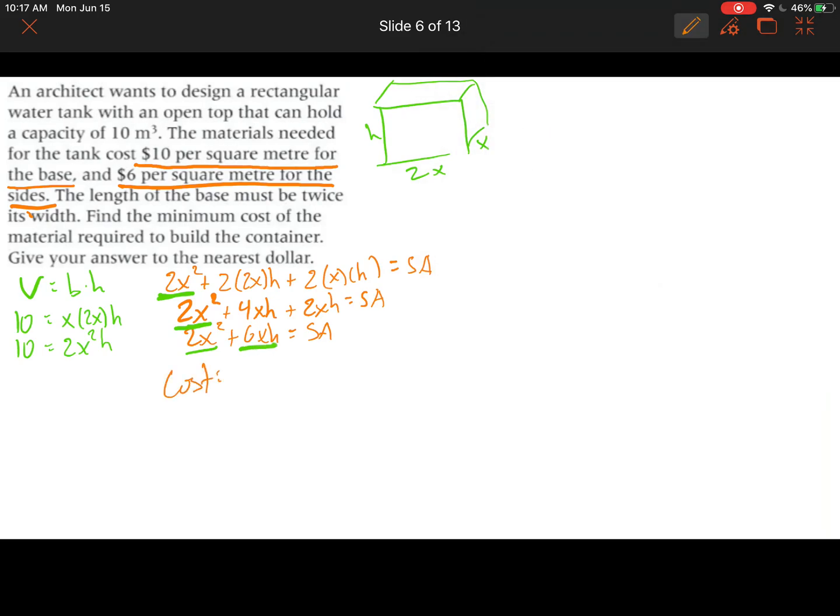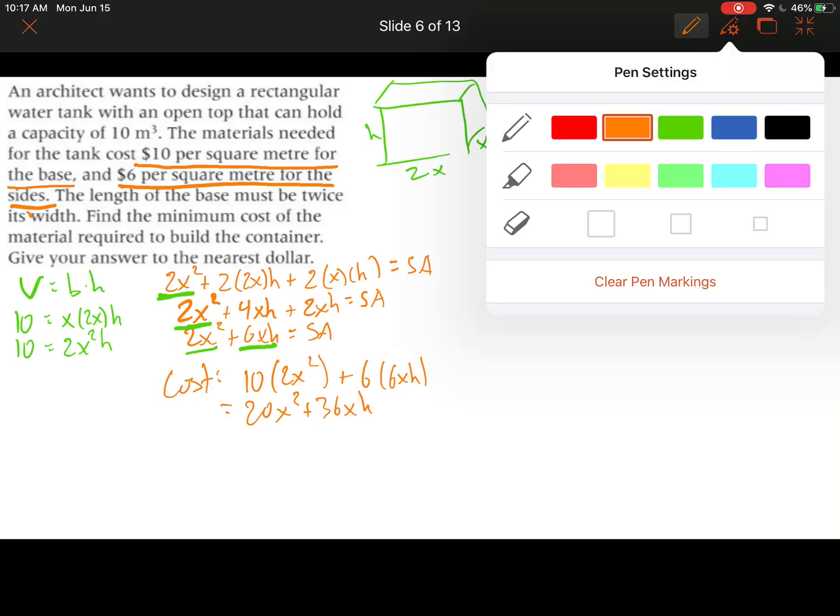So let's figure out our actual cost. The cost is going to be 10 per these things plus $6 per these things, for 20x squared plus 36xh.